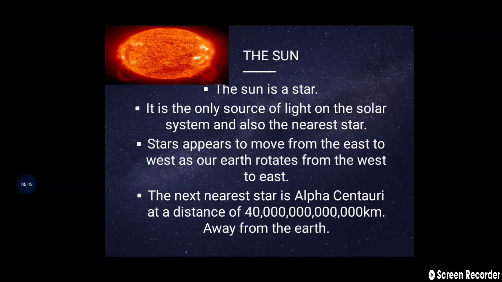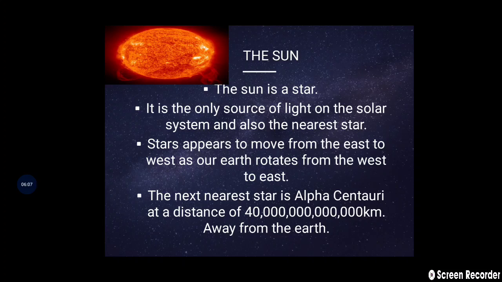Very interesting. Let's now talk about our sun. The sun is a star, a very strong saying. It is the only source of light in the solar system and also the nearest star. The stars appear to move from east to west as our earth rotates from west to east.